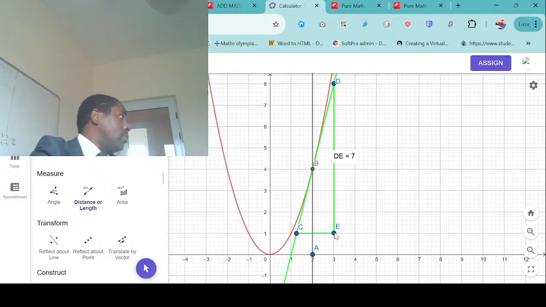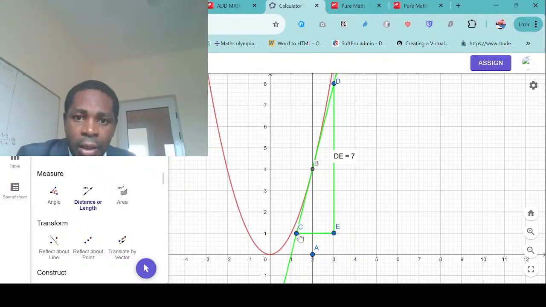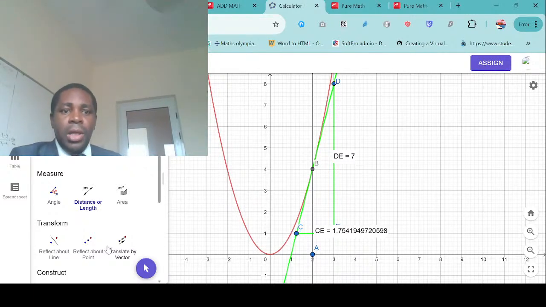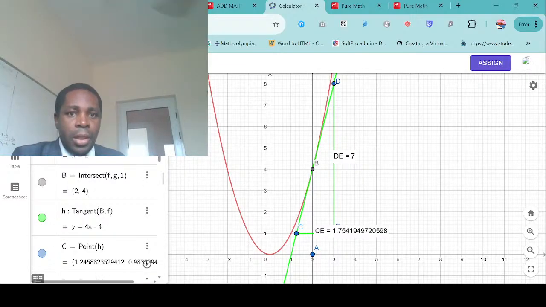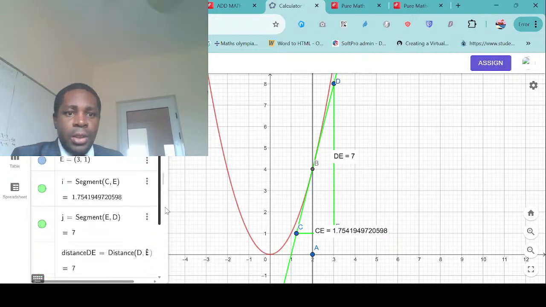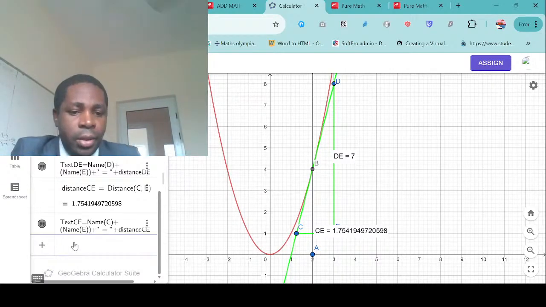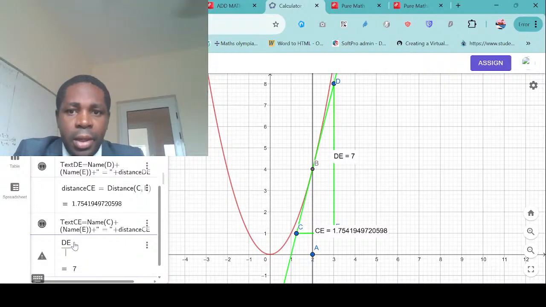So the length is 7. Okay. Then C and E. That's 1 point. So let me do the calculation. To do the calculation, I just come to algebra and then I come here. I just say DE divided by CE, because DE is the height, okay?